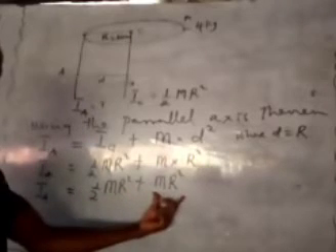You can see that when you add them, this thing here and this thing here are the same thing now. So when you add half and 1, half plus 1 will give us 3/2. So the inertia about the axis A will be equal to 3/2 m r squared.